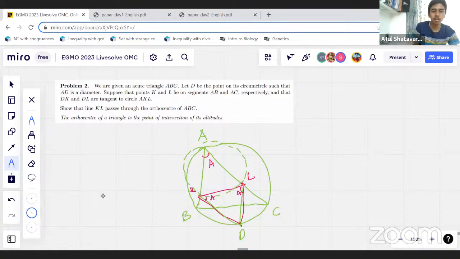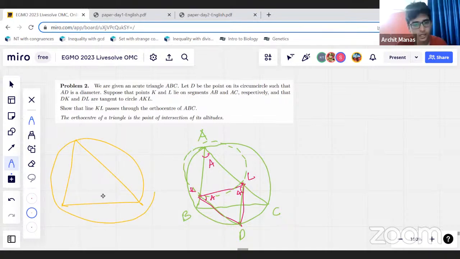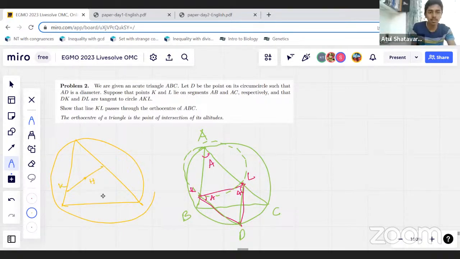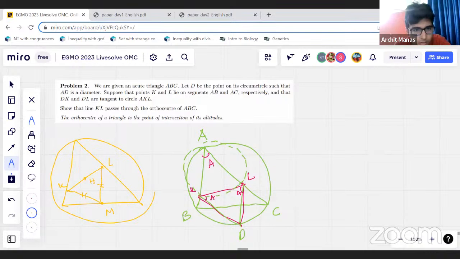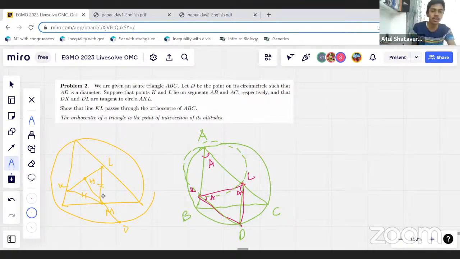So the InmoMock problem is actually, in some sense, rephrasing it with phantom points. It states that if KL goes through orthocenter, then this works. If this is some KL, and if ML equals MK, which because H, M, D are collinear implies DK equals DL also. And in this case, the equal tangents is giving DK equals DL. So in some sense, it's the same.